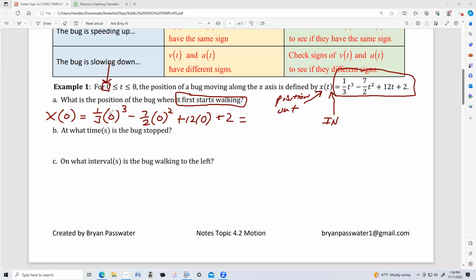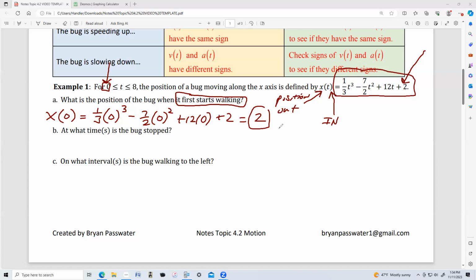And of course, 0 times anything is 0. So this zero's out, this zero's out, this zero's out, and you're left with 2, which was the intercept here at the end, which you should know from classes prior than calculus. So at a time of 0, its position on the x-axis is at 2. So if you're thinking about a number line, the bug wasn't starting at the origin, it was starting 2 to the right. So 2 was its initial position on the x-axis.